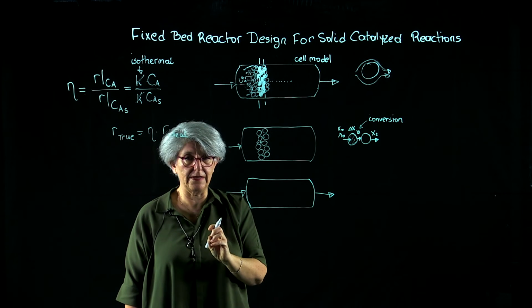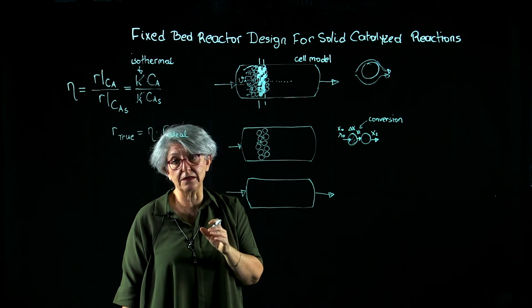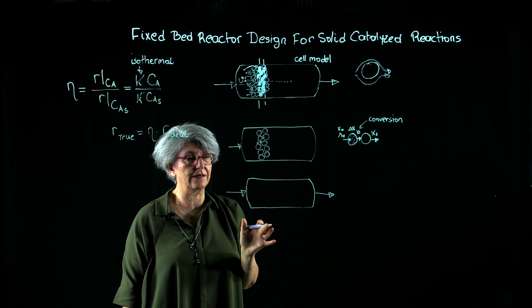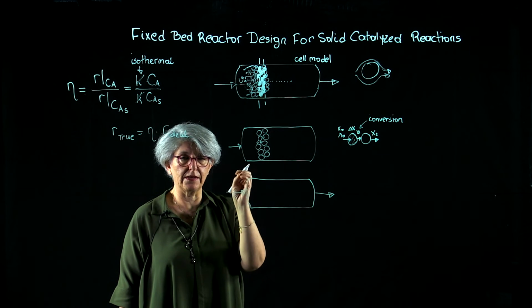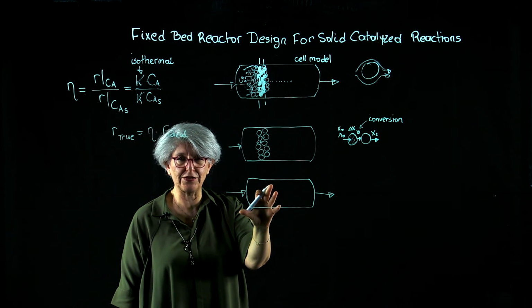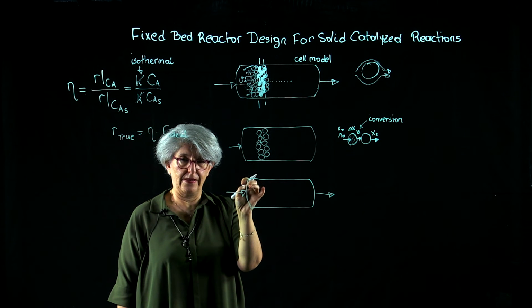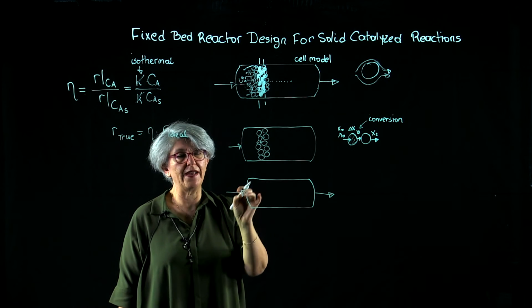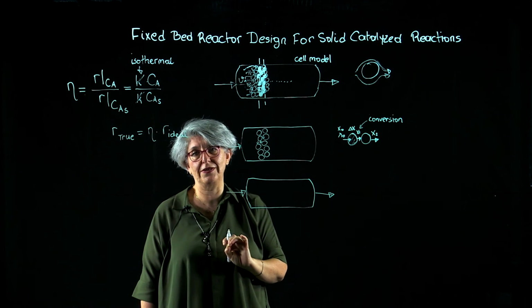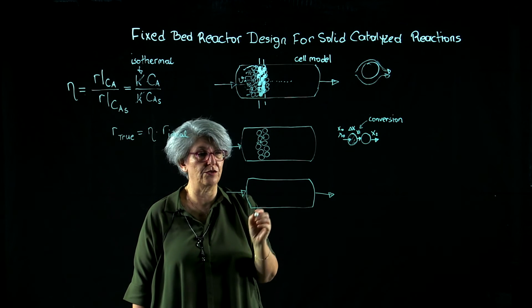Now, if this is a non-adiabatic reactor or even an adiabatic reactor, depending upon the thermal characteristics of our reactor domain, it might be highly probable that we have a temperature distribution in this reactor, in addition to a velocity distribution.